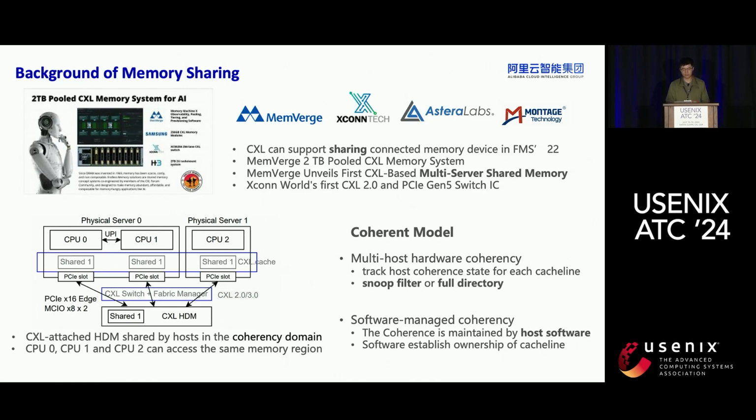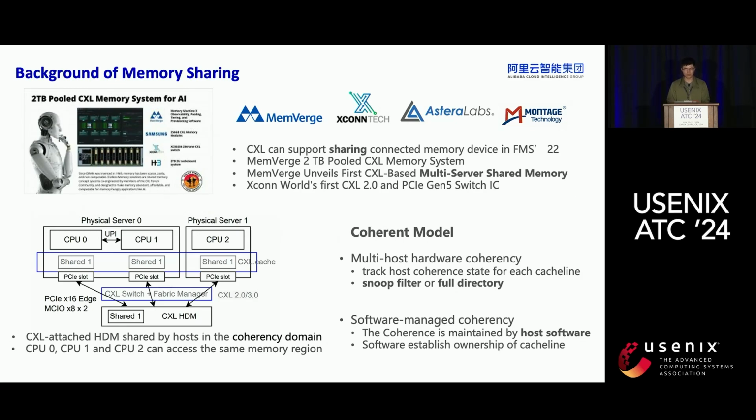With CXL.cache, CXL memory can be shared by all the hosts in the coherency domain if it defines mechanisms to enforce hardware cache coherency between copies of the same data. For instance, CPU 0, CPU 1, and CPU 2 can access the same memory region.